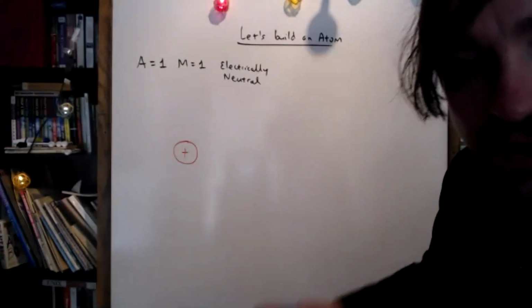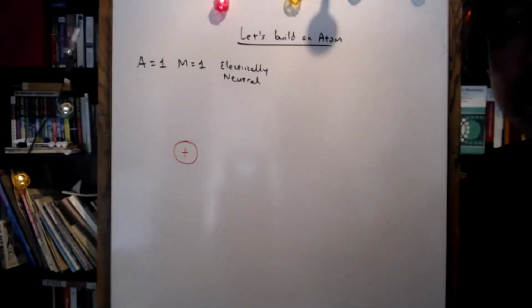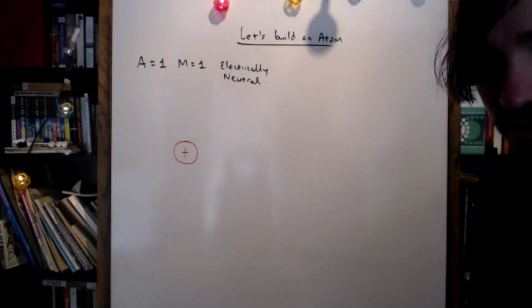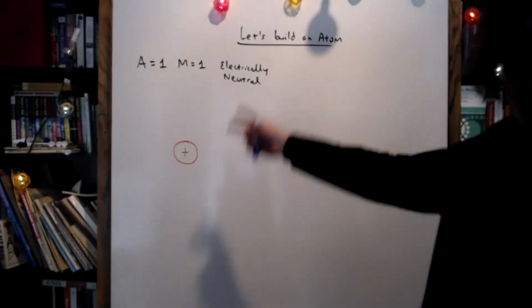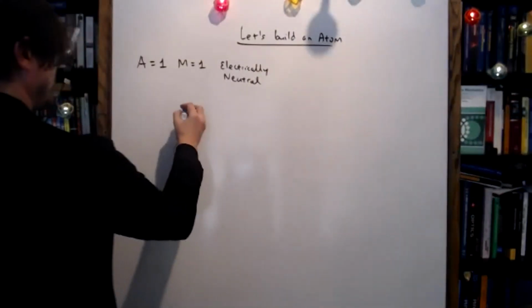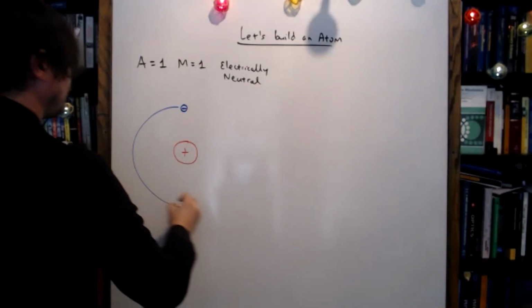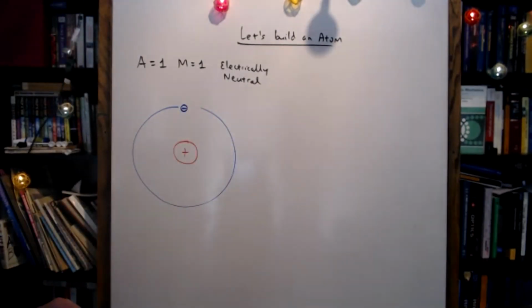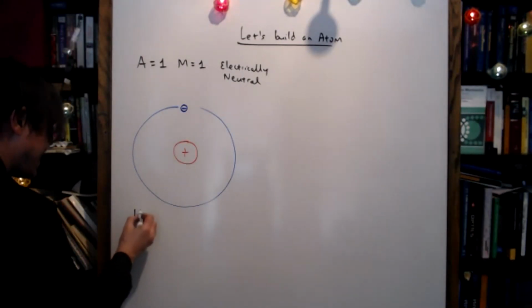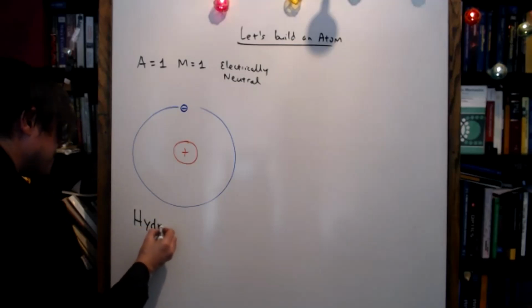It tells you right there: the number of protons is equal to the number of electrons. Is it just one? Yeah. If the number of protons is equal to the number of electrons, it's got to be one. You have built an atom successfully. Do you know the name of this atom? Daniel does. Hydrogen. This is the most famous atom in the entire universe.